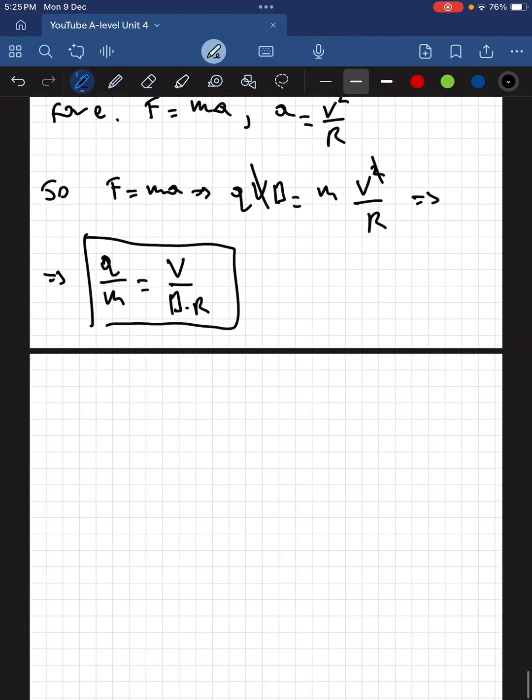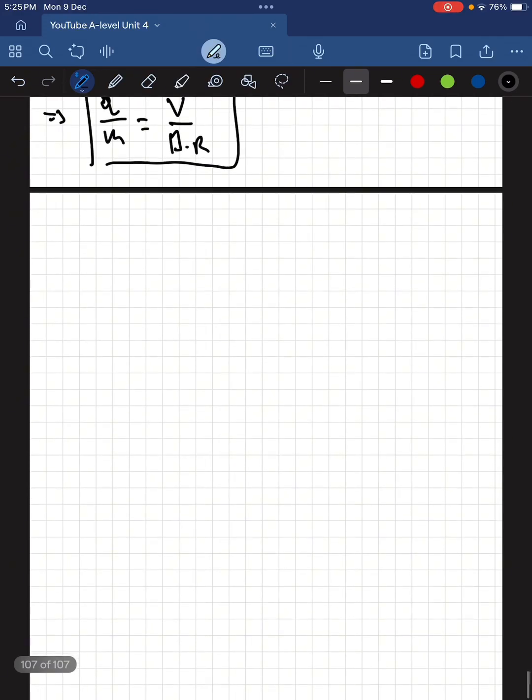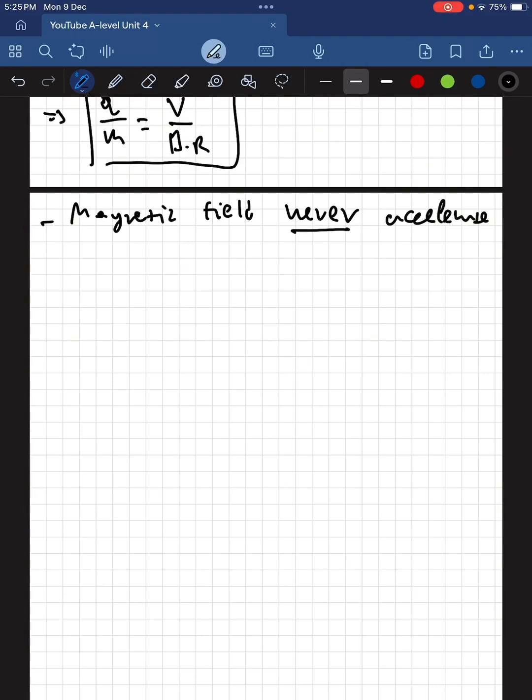So at this point, I'm gonna write a very important result that you have to keep in your minds at all times, that magnetic fields never accelerate particles in the sense of increasing their speed, because they do accelerate the particles, but in the sense of changing their direction.